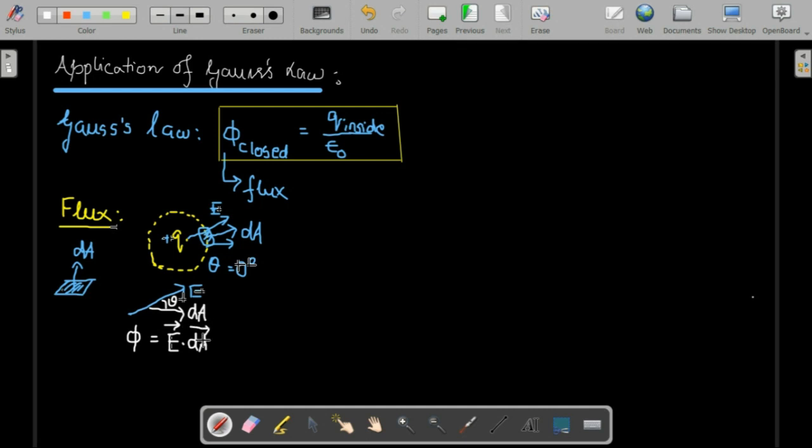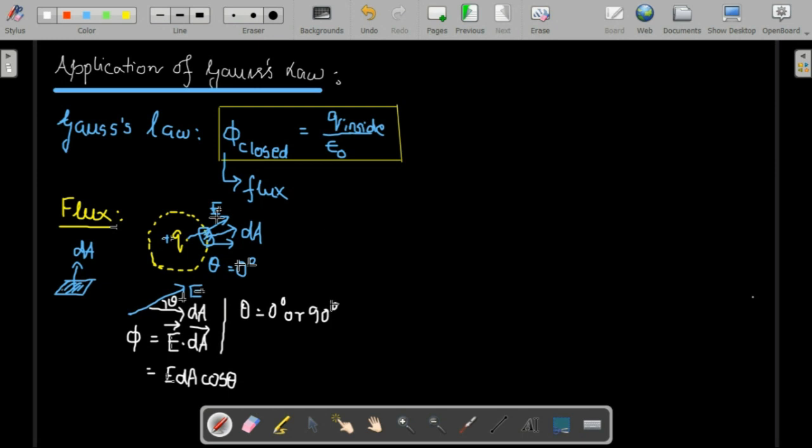Taking the dot product, it is E dA cos theta. But as we keep solving problems, we will see that mostly theta would be either 0 degrees or 90 degrees.